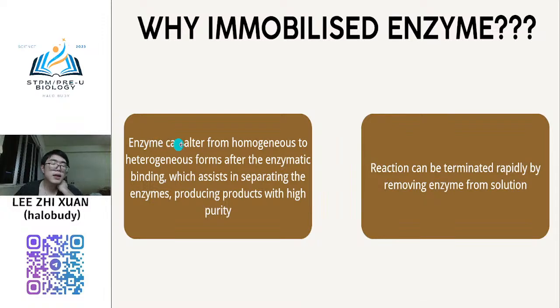Normally, it can alter from homogeneous to heterogeneous form after the enzymatic binding, which assists in separating the enzyme from the product with high purity. So meaning that this enzyme will not only work in the homogeneous form. Homogeneous form meaning in the solution. You also can work in heterogeneous form, in solid form.